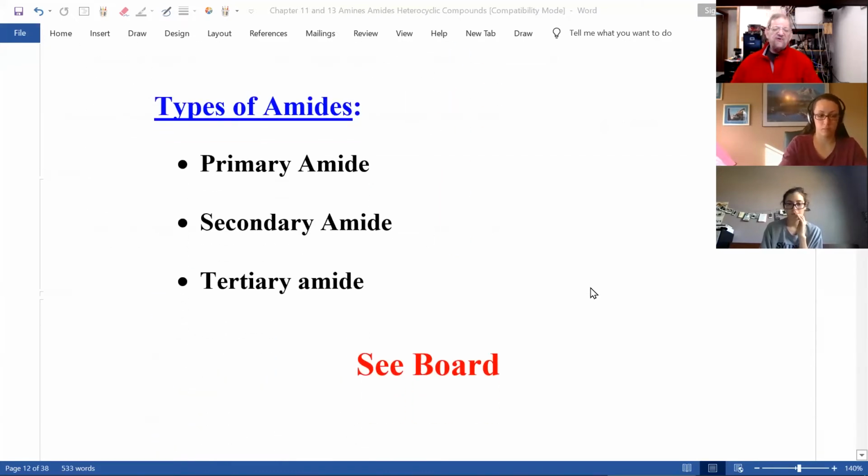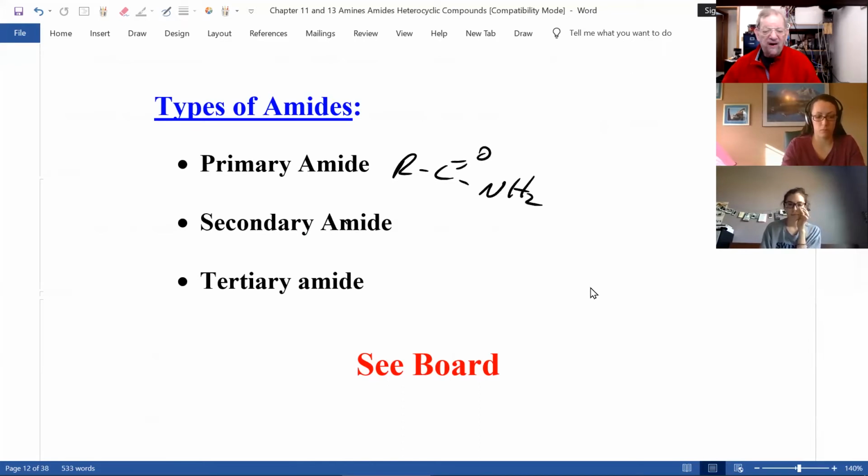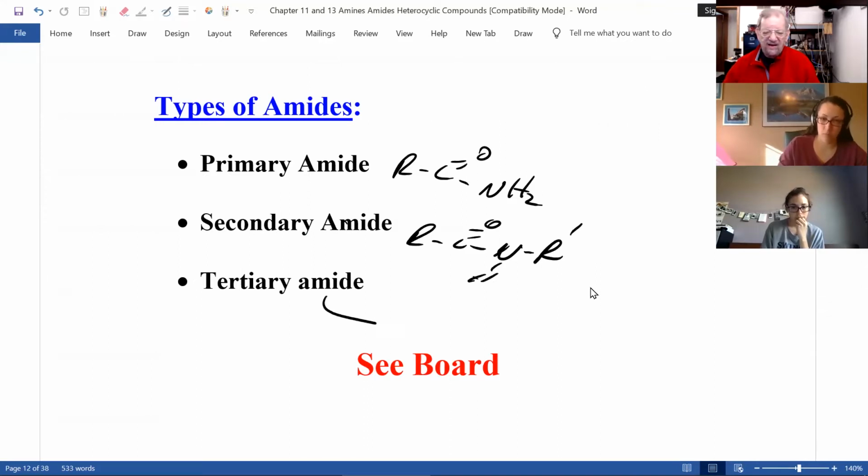Now, switch is off for this slide. This real quick. This is called a primary amide. This will never be on a test. This will be called a secondary amide. And this is a tertiary amide. And like I said, switch is totally off.